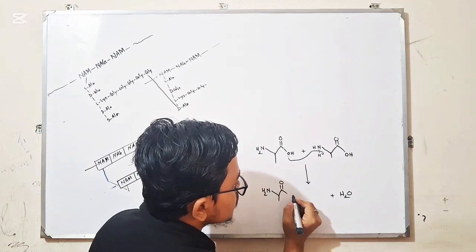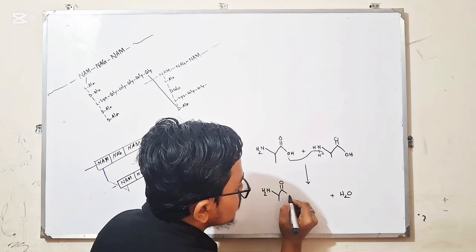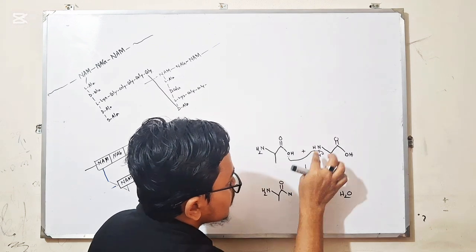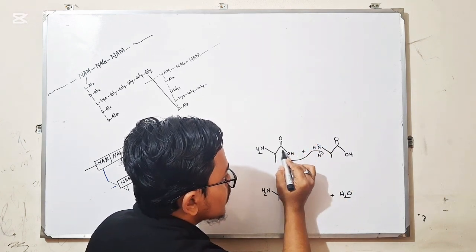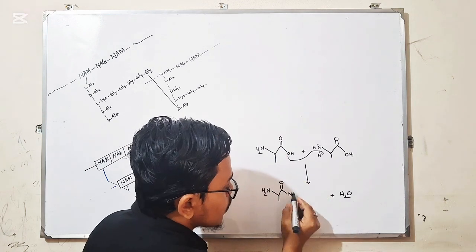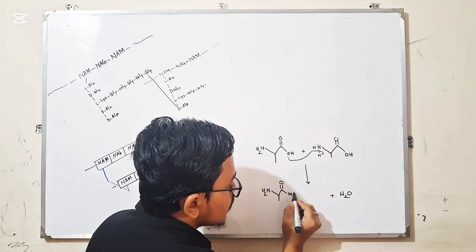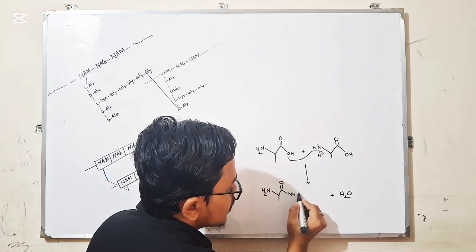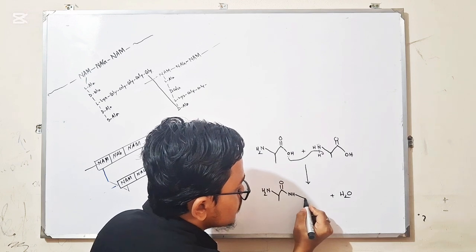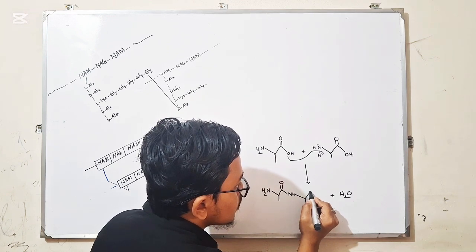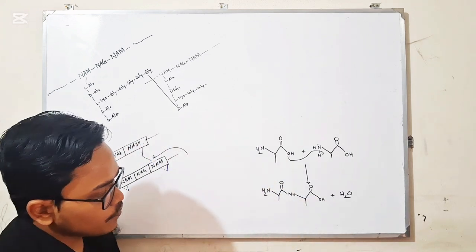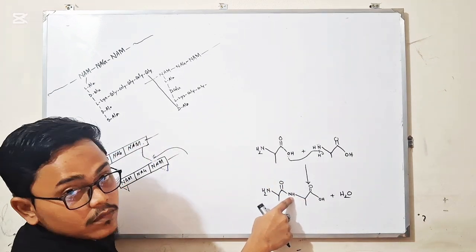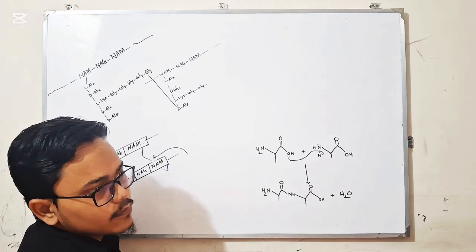Here will be the nitrogen. Nitrogen also has a lone pair, it will donate the lone pair to this carbon and form a bond, and H. Okay, this is basically the peptide bond between the two D-alanine.